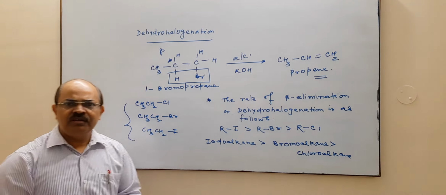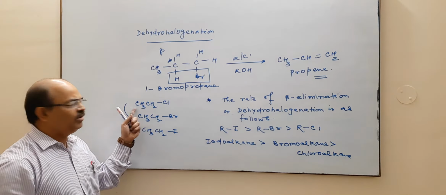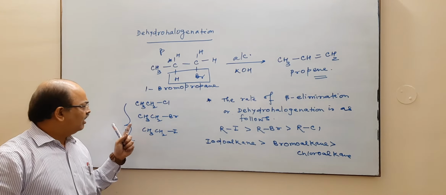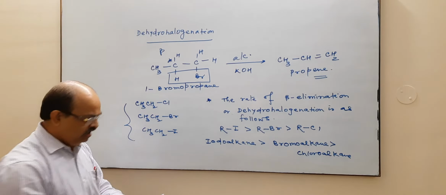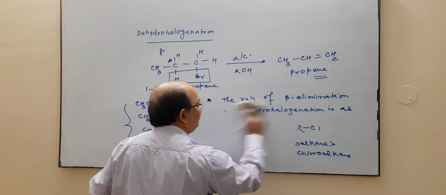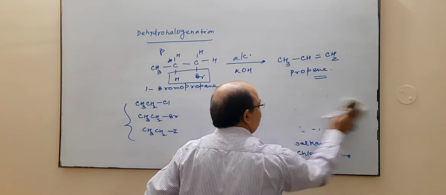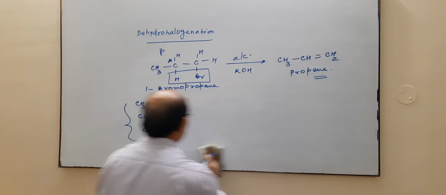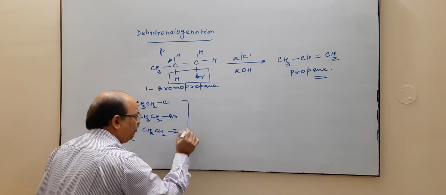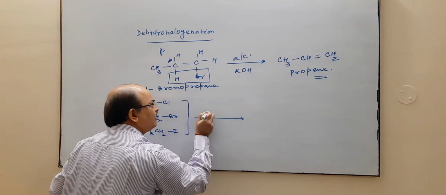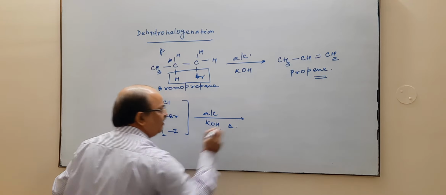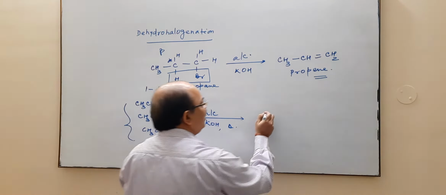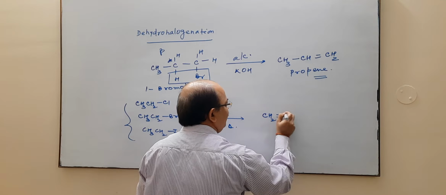Okay? If somebody asks you, we have ethyl chloride, ethyl bromide and ethyl iodide. If all these three compounds are heated with alcoholic KOH, then the product is ethene.